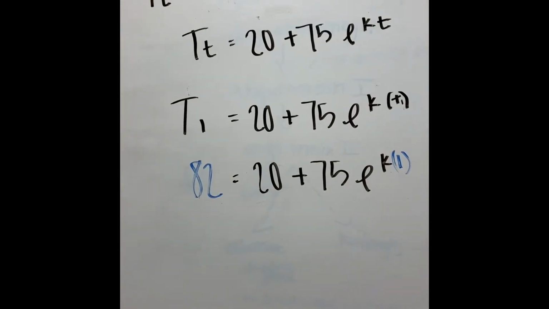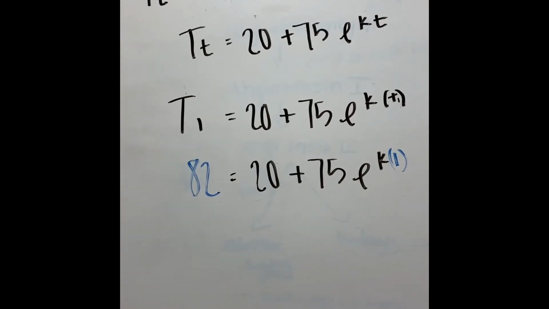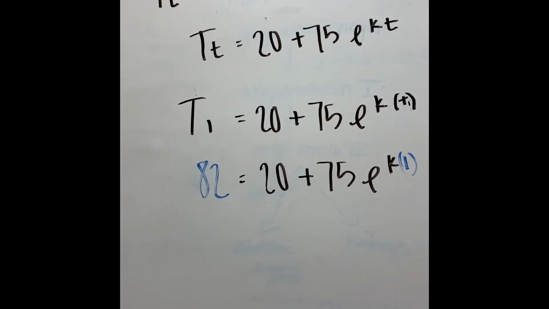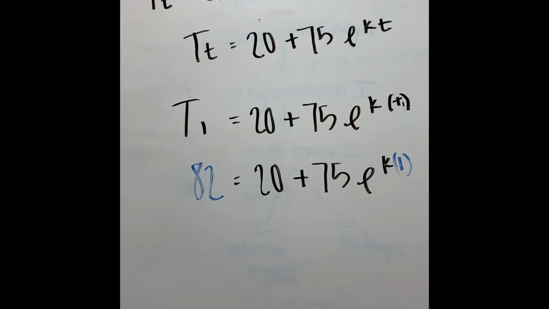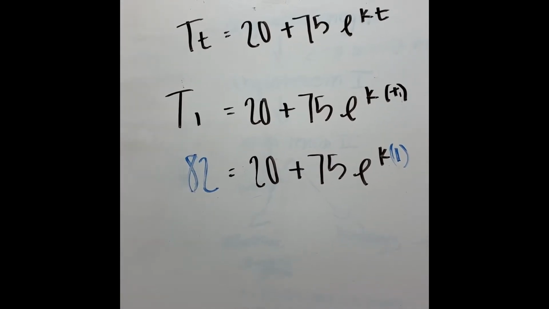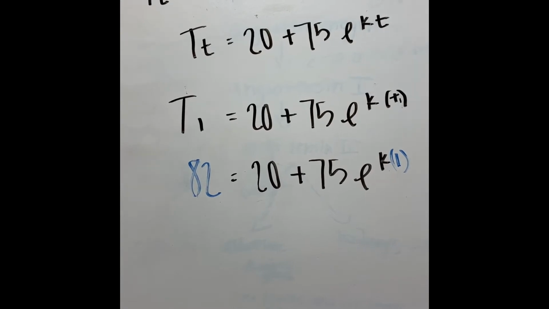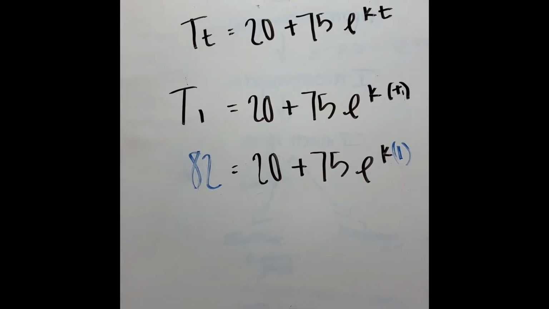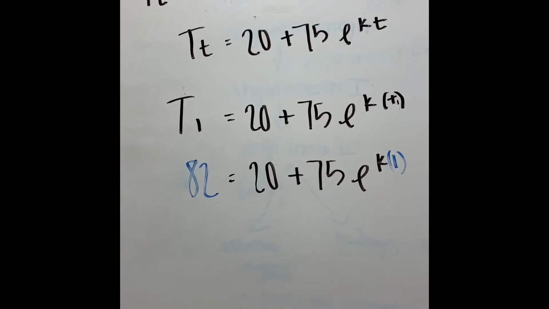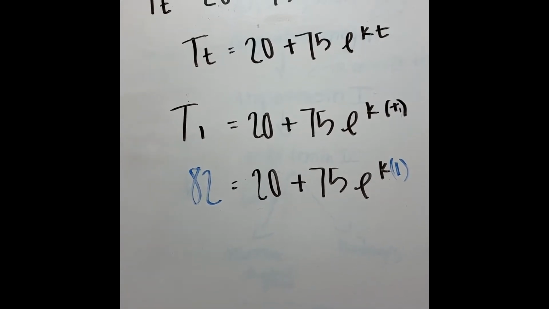So the next part of the equation that we are trying to find is the value of K. In order to do that, we're going to replace the temperature of time with T1, which will equal 20 plus 75 e^(kt), which will be time 1. That will equal 82 equals 20 plus 75 e^(k·1) because it was at time 1.